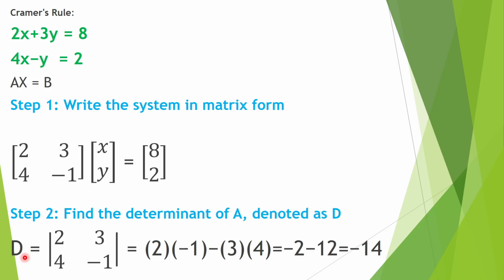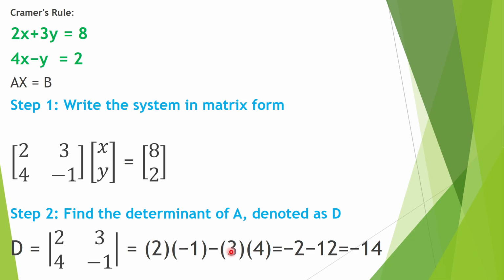So this is the determinant, and we can write this in determinant form like this: 2, 4, 3, minus 2. Now the method of finding the determinant is we will multiply this with this, and in the middle we will insert minus, and then we will multiply 4 and 3.